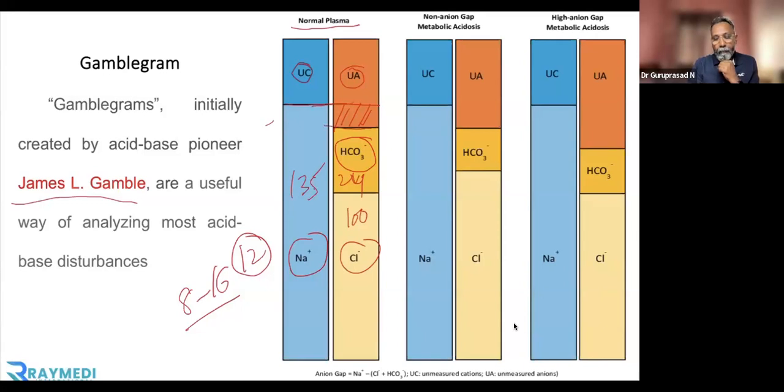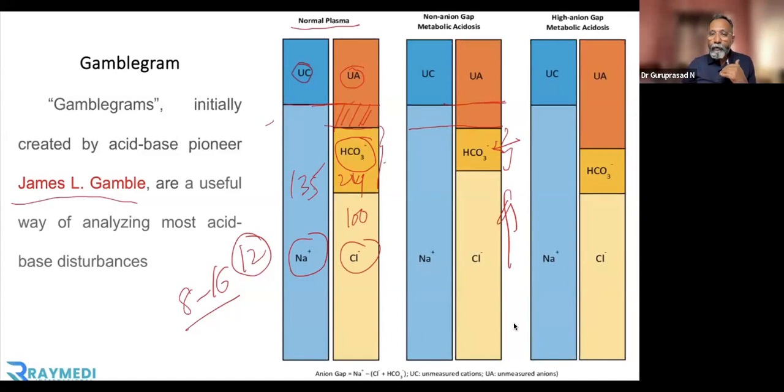But what happens in non-anion gap or normal anion gap metabolic acidosis is the bicarb has reduced here. You compare this with this. So bicarb has reduced and the chloride has increased. But the anion gap remains the same. There is no change. So the anion gap will be around 12.